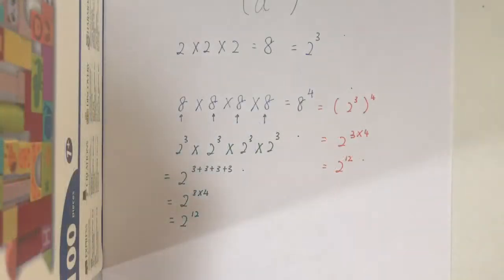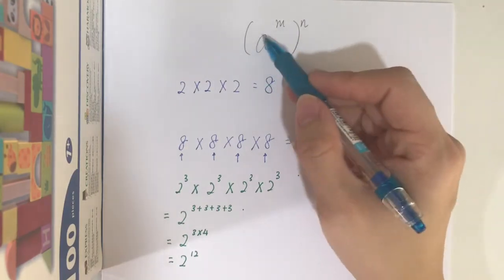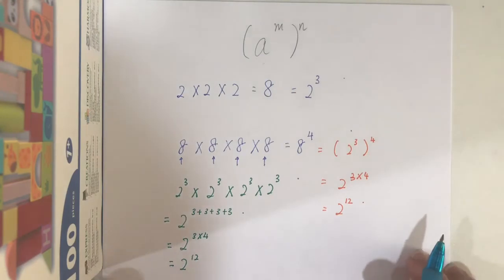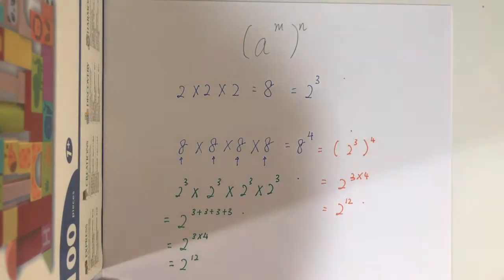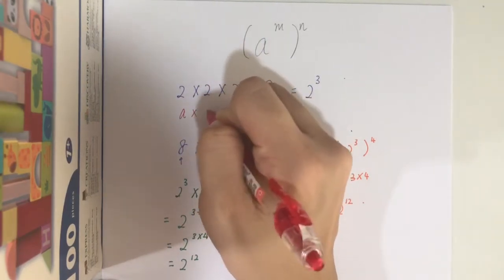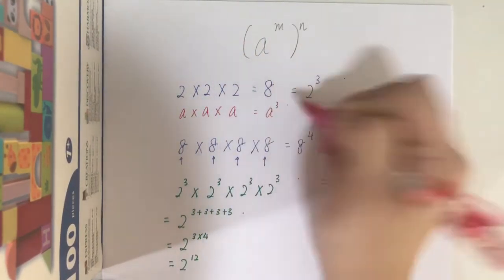Okay, now that we have done this in numerical form, let's try it in terms of unknown base A. So what does this represent? The base A in this case is actually 2. So A times A times A will give you A cubed.